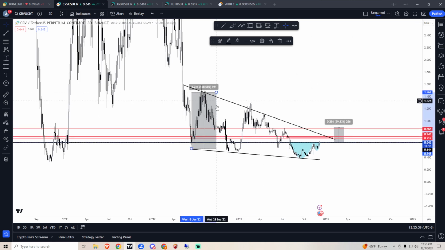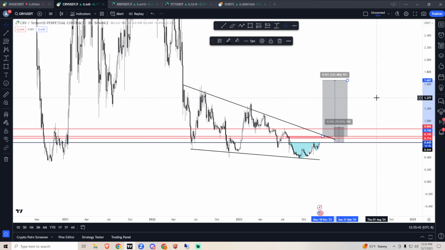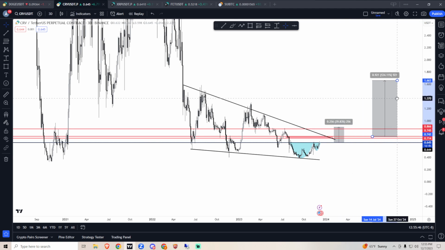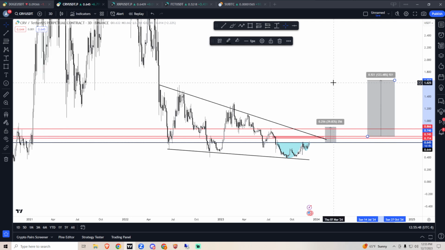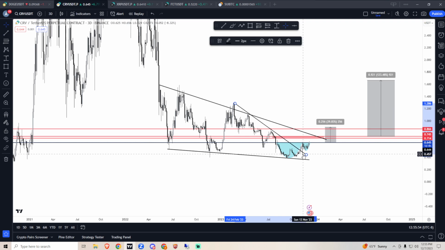Target of this breakout, if it does break out, which must flip that supply zone, is 1.66. You had this breakout recently with a perfect retest.